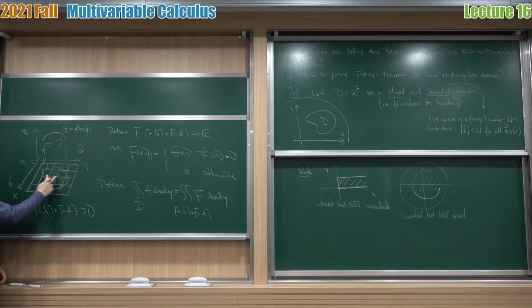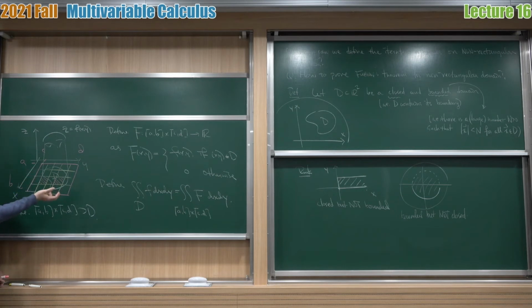So if the subdivision is properly contained in D, then it will give some height according to the graph of the function. If, for example, like this picture, you have a subdivision which partially contains D and partially does not, you have options.